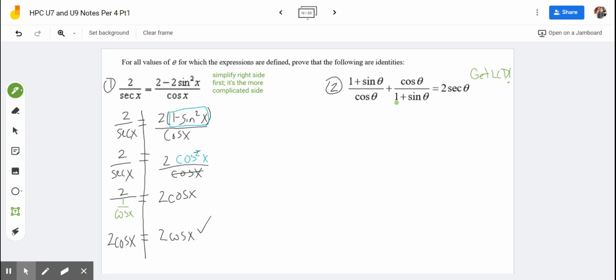So what we're going to have to do is multiply this first term, both top and bottom, by 1 plus sine theta over 1 plus sine theta. Let me do it like this.